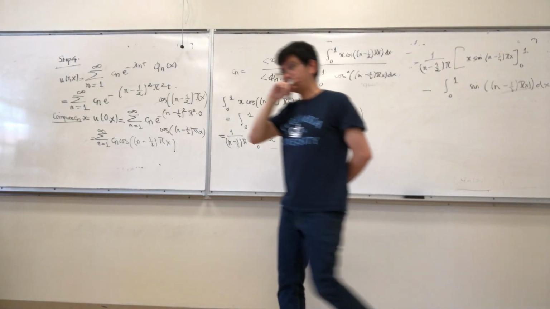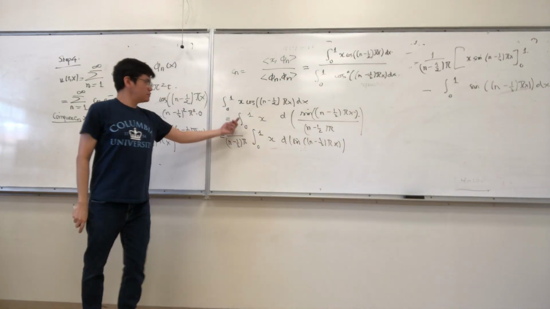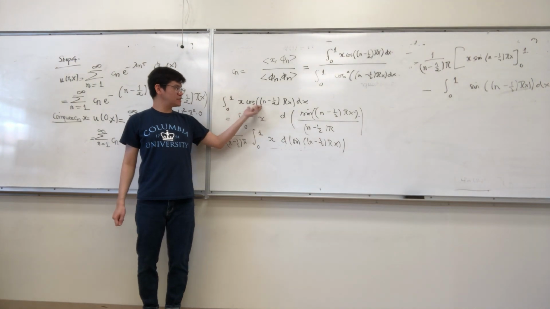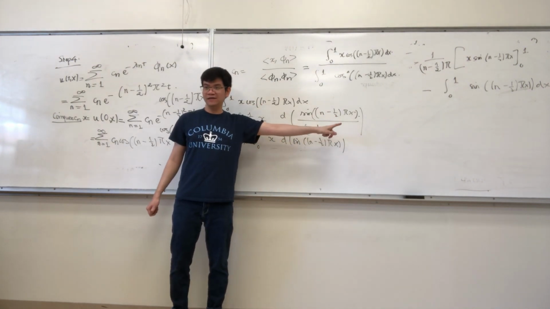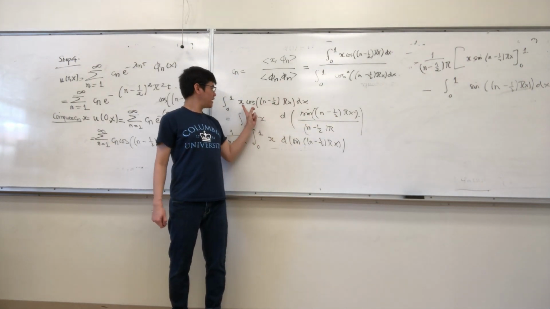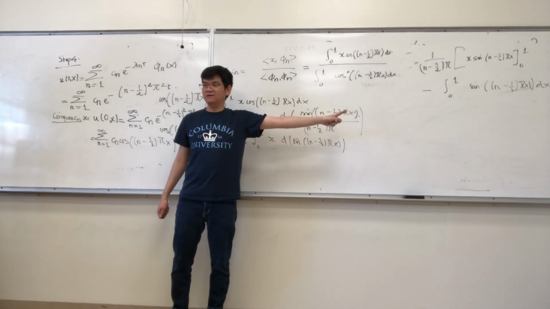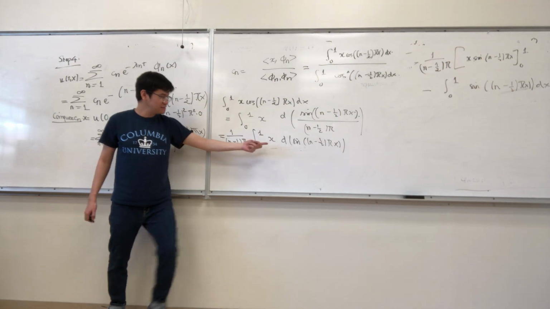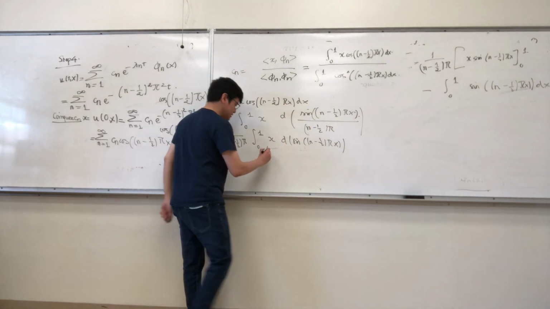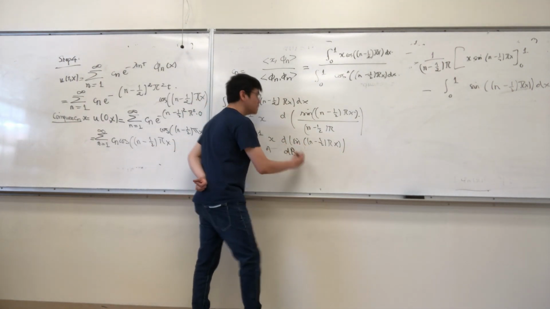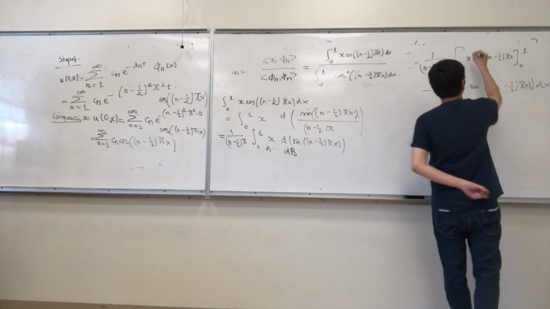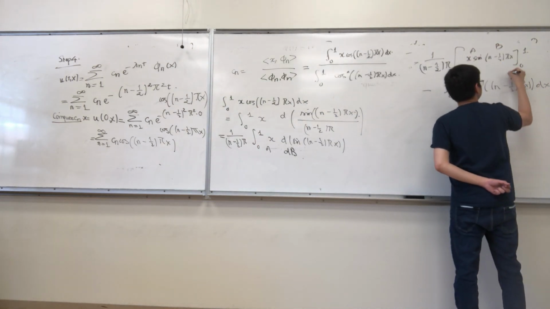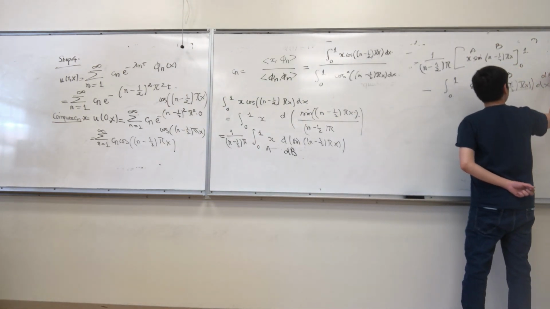Alright? So the first step, you observe that cosine is the derivative of this guy. So I'm going to have x d of this guy. This is a constant, so I put it outside. So this is a db. The integration by parts gives you ab minus the integral of b da. Alright?